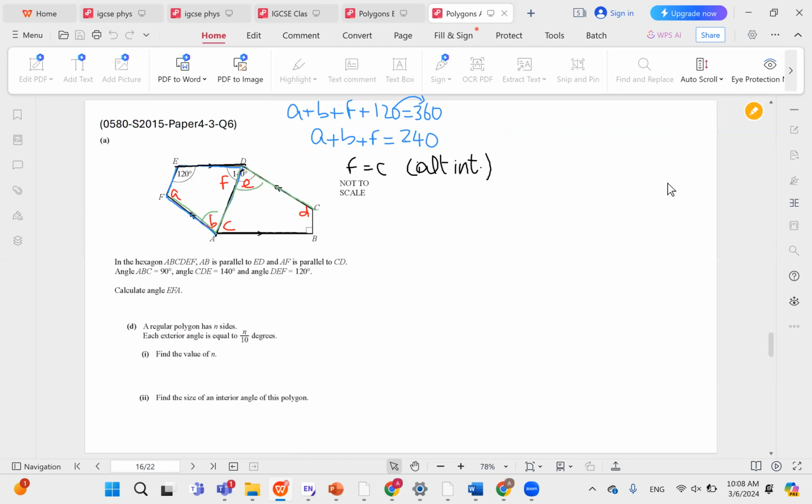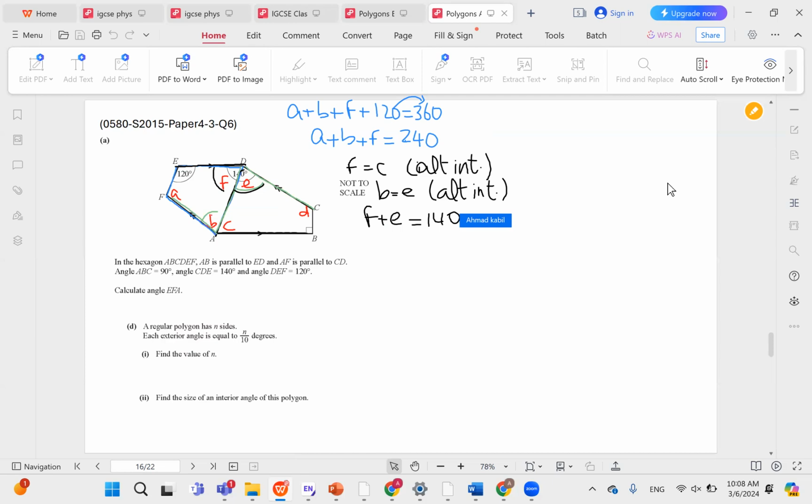So we have another equation: B equals E, again by alternating interior angles. We also have the very obvious equation that F plus E equals 140 because we split the 140 into F and E.